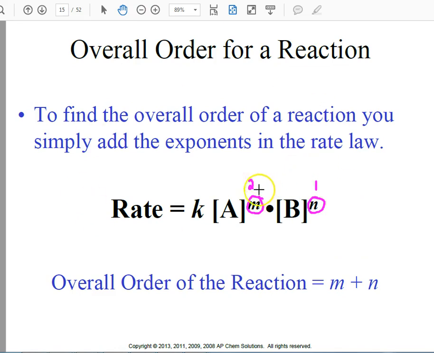So the whole thing is third order. If they're both second order, 2 plus 2 is 4, the whole thing is fourth order. If you have another reactant, let's say there's 3 reactants in this particular one, then you would add up all 3 coefficients to find your overall order. So overall order is simple, just add up the orders from the reactants.